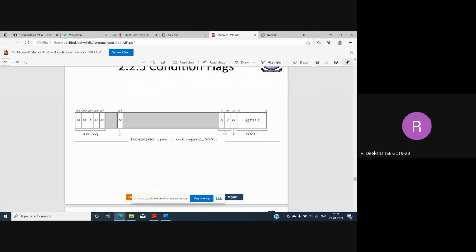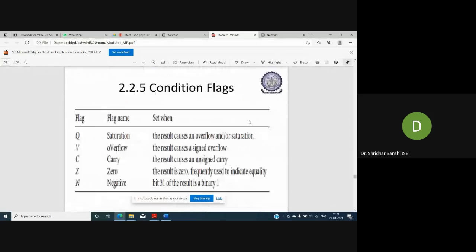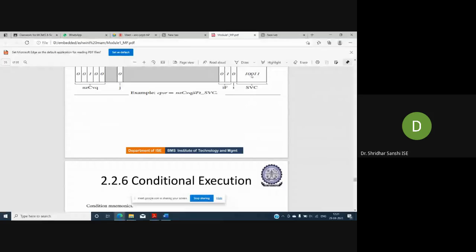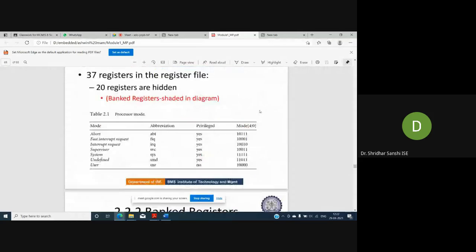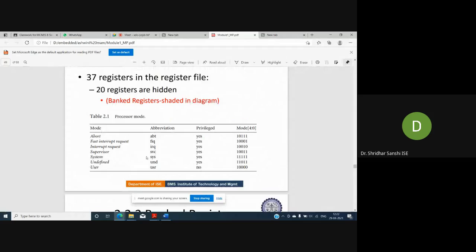The processor mode, sir. Yes, this corresponds to processor mode. So we have how many? 7 processor modes, correct? So see the value. The value is 10011. So in which mode we are? 10011 corresponds to supervisor mode.